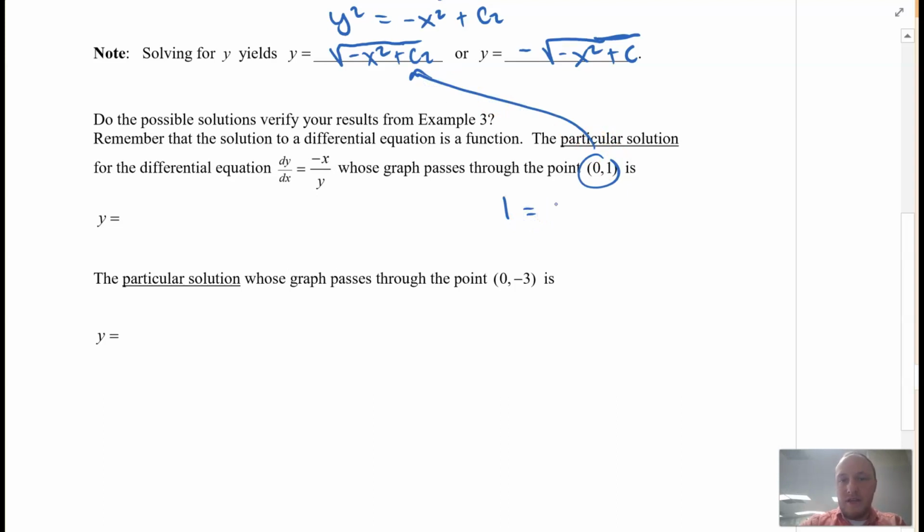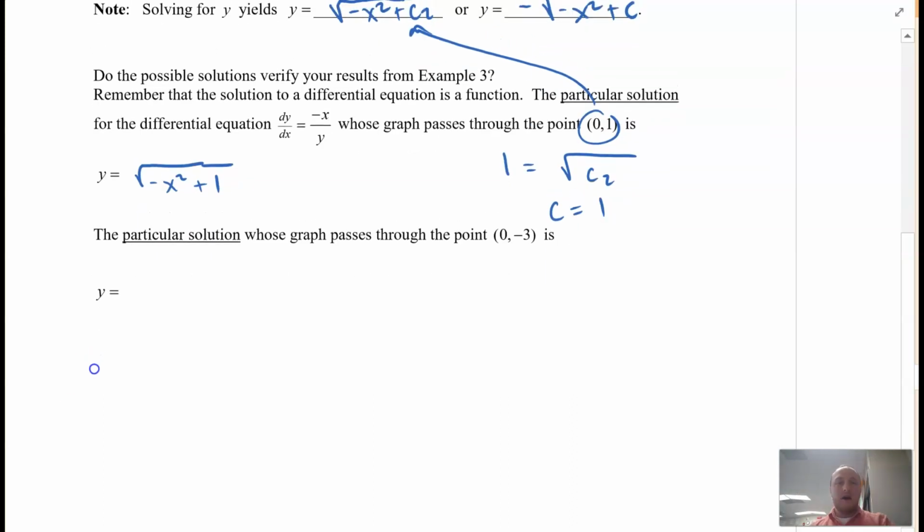So 1 equals the square root of, if I plug in 0 for x, it becomes 0, and I get c. If I square both sides, we get c equals 1. Thus our particular solution is the square root of negative x squared plus 1.